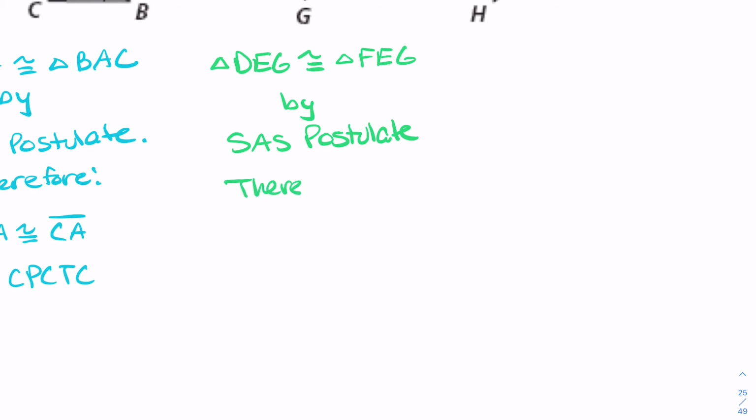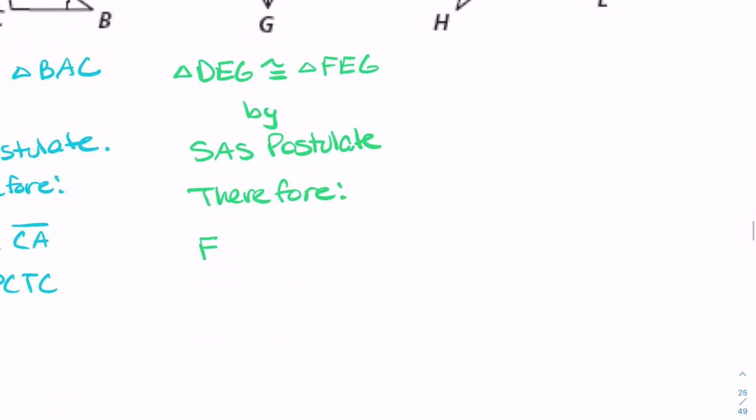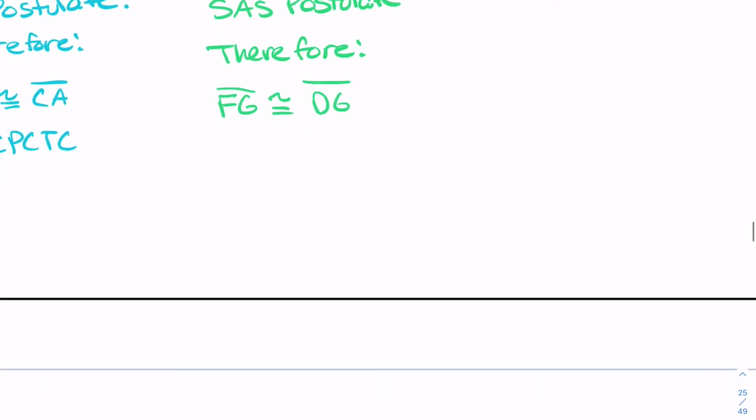Therefore, FG and DG are congruent by CPCTC.